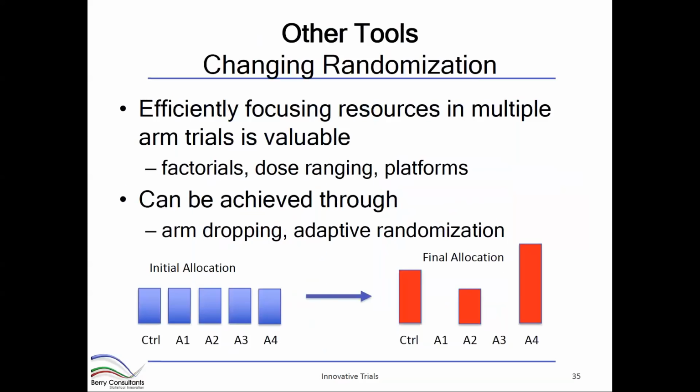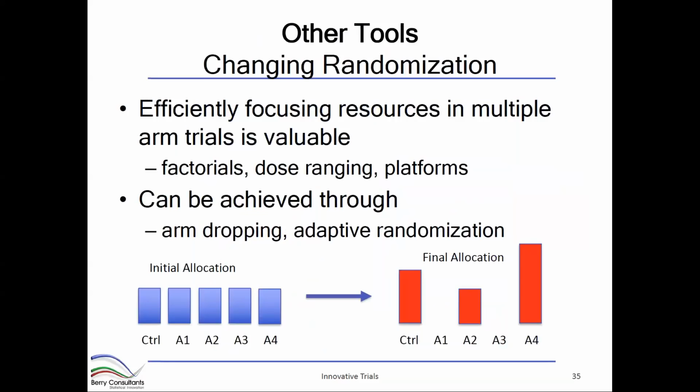So this was a set of innovations. There's also a set of tools that you can add to most of these innovations. One of them is adaptive features in terms of changing randomization. This is aimed at efficiently focusing our resources, and I'm applying this to multiple-arm trials, not a 2-arm trial, such as factorials, dose ranging, or platforms.